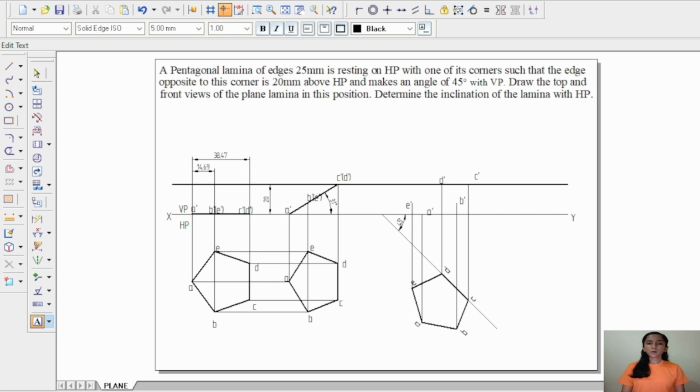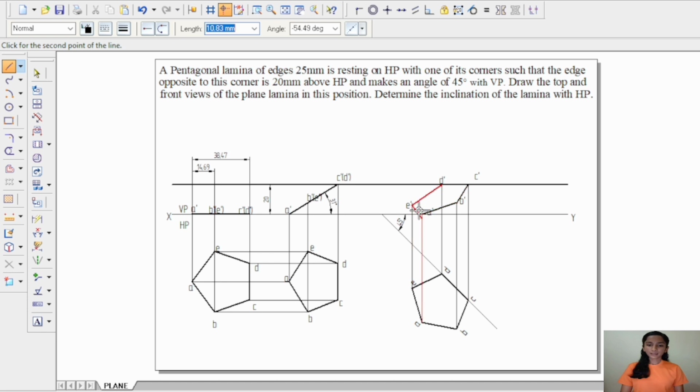Now to join these points, we'll be using line command. Select line command of thickness 0.50 mm and join A dash to B dash, B dash to C dash, C dash to D dash, and D dash to E dash, and E dash to A dash.